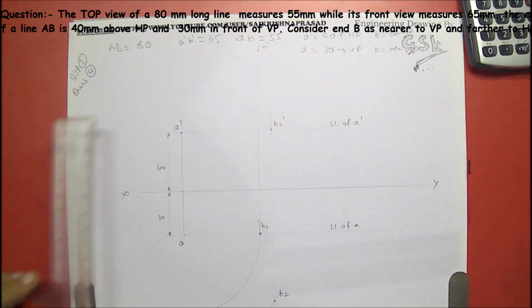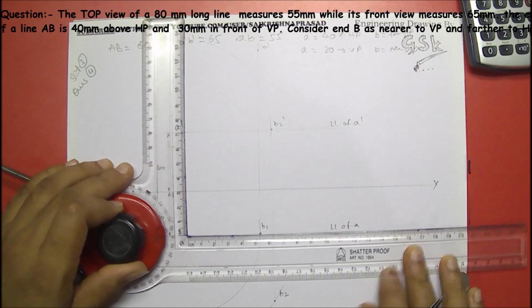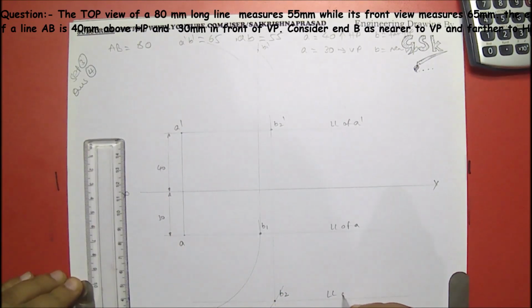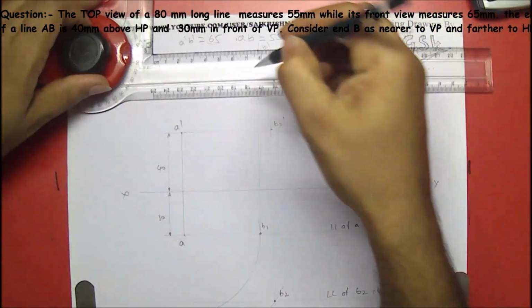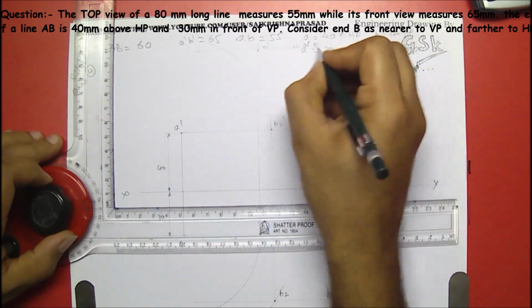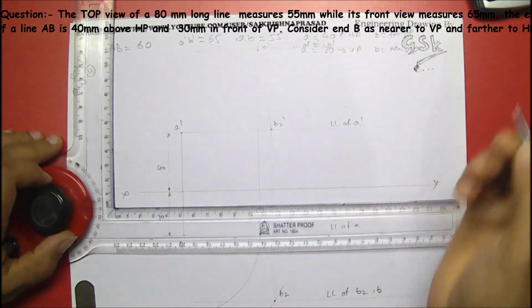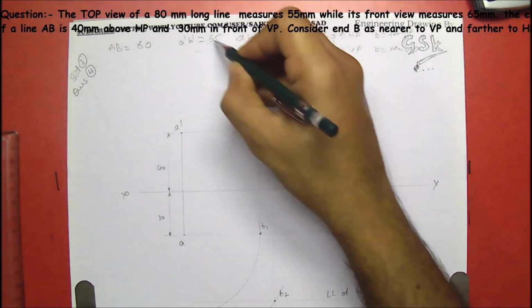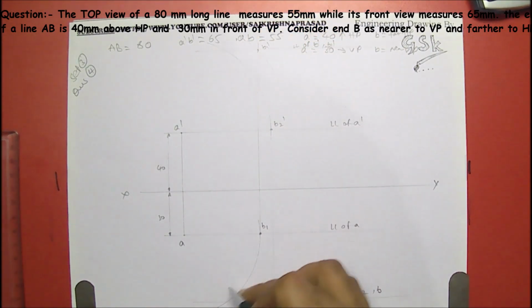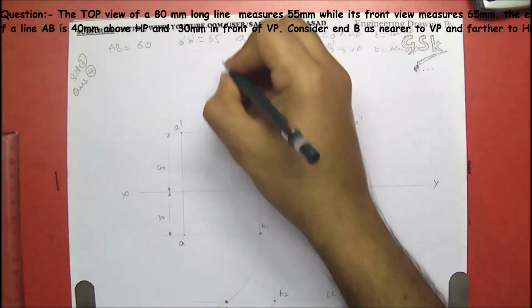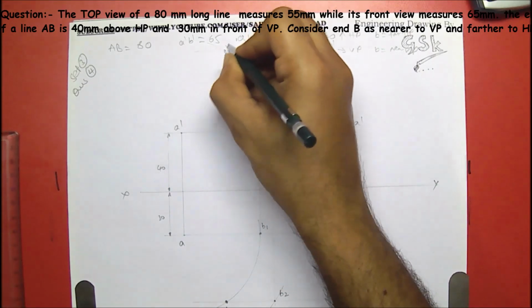Now draw the locus lines from that particular point. This would be locus line of B2 and B, and this would be the locus line of B dash and B1 dash. Means already it is drawn with the arc. This arc is 65 and this arc is 55. So this end point would become B and this end point would become B dash.